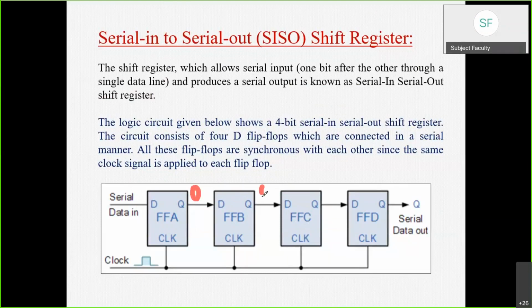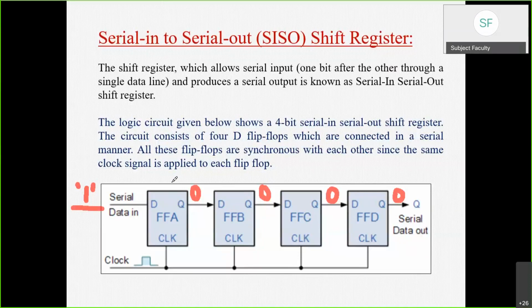That means the output of all flip-flops will be 0 0 0 0 initially. Now my input is, I want to transmit only one bit, that is logic high, or bit 1. Now how it will be transferred into this particular 4-bit shift register, we will see that.